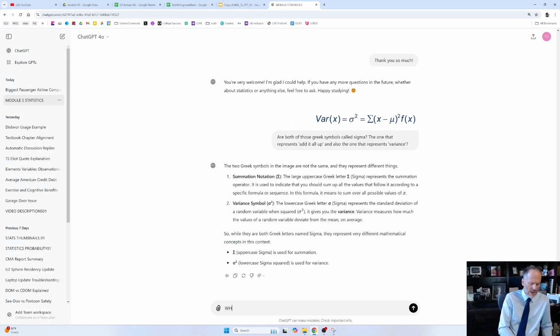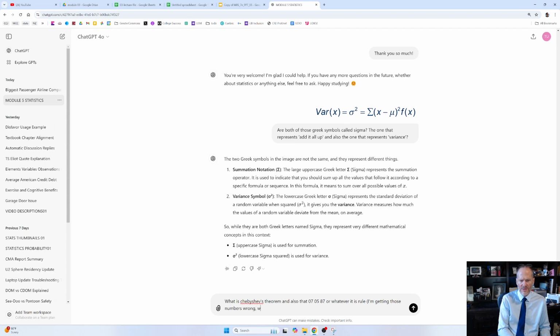That's Chebyshev's theorem. We already looked at this too. And also that 97, 95, 80, 87, or whatever it is, is the rule. I'm getting those numbers wrong. What are they?